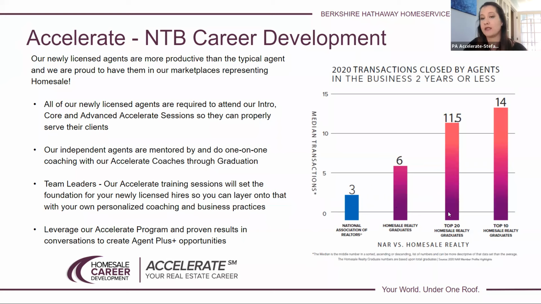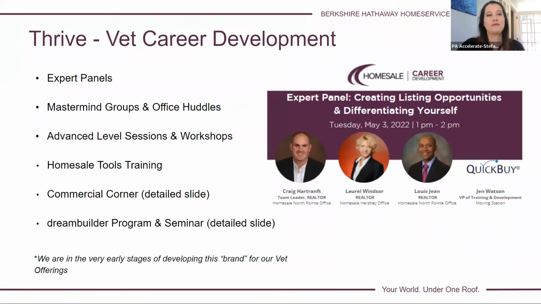And those that are in the top tier of our Accelerate graduates are doing 11.5 to 14 per year, which is really amazing considering the average national is 3. I think we all know as seasoned agents, 3 is like nothing. It barely covers the cost of your license.